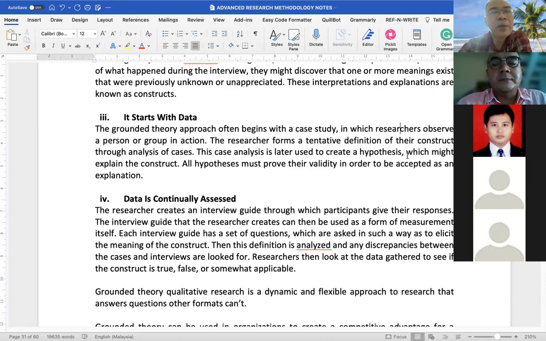Sebab dalam behavioral research, sesuatu yang dilakukan itu mesti ada penyebab. Manusia melakukan sesuatu mesti ada sebab. So kita akan mencari apakah penyebab-penyebab itulah. Dan itulah hubungan antara sebab dan akibat itulah yang akan menentukan, yang akan membentuk hipotesis.